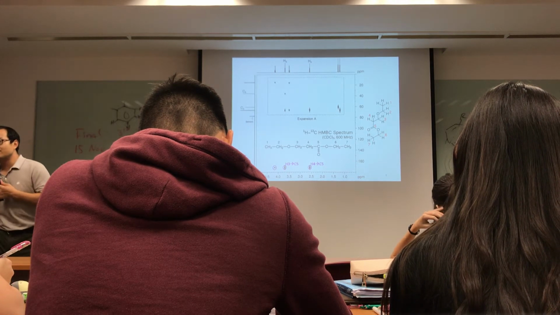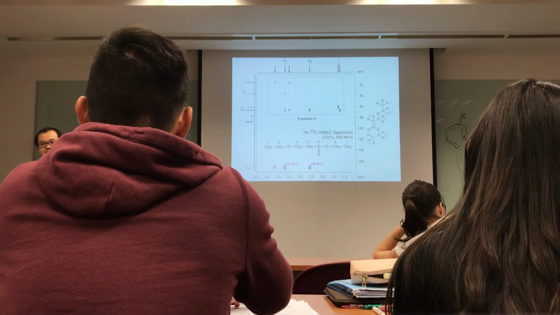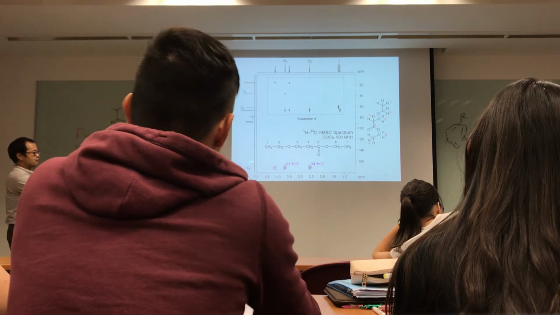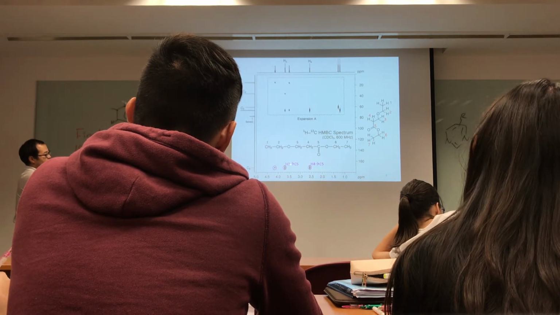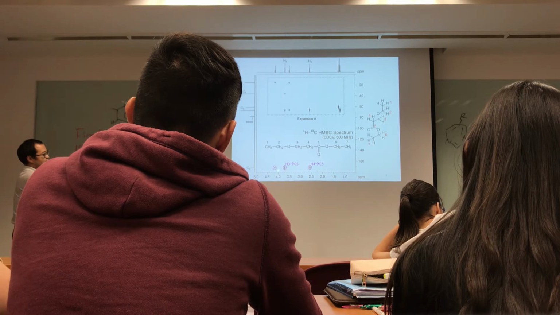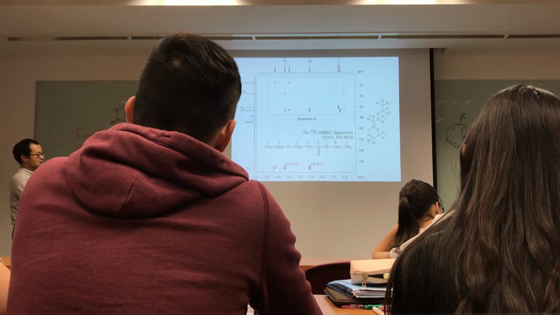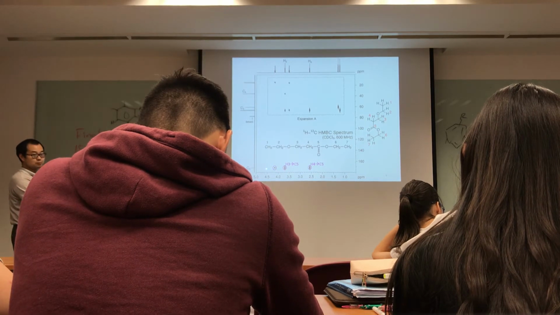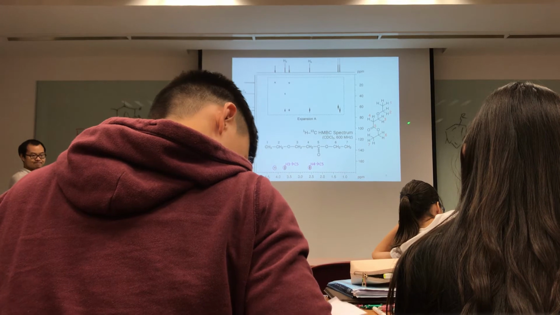If 6 can see 5, carbon 5 can see 6, right? Now if we use 5, you can see 5 can see 3, 5 can see 4, 5 sees another one. That means this cross peak belongs to proton 6, right?